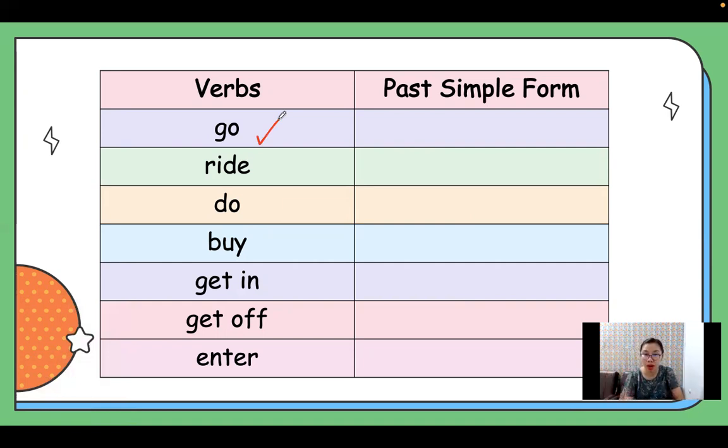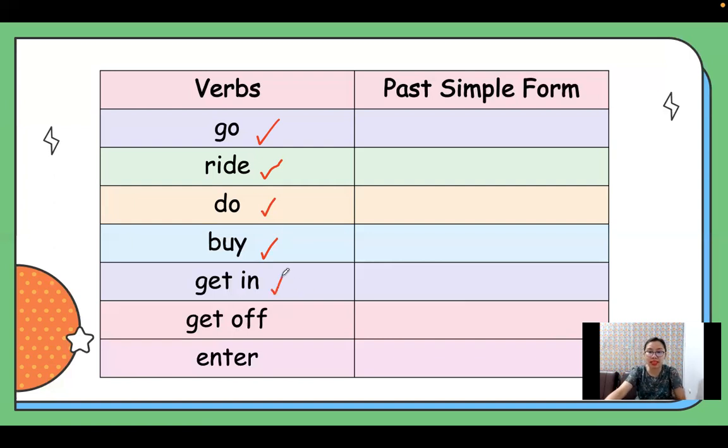Now we have ride: ride a bike, ride a motorcycle, ride a roller coaster, ride a carousel. Then do: do homework, do a game. Oh no, play a game. And then buy: buy souvenirs, buy lunch, buy food.